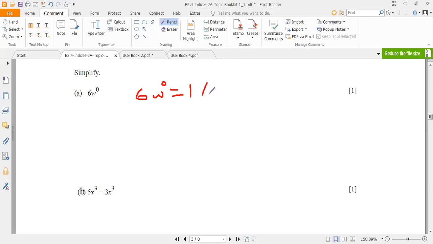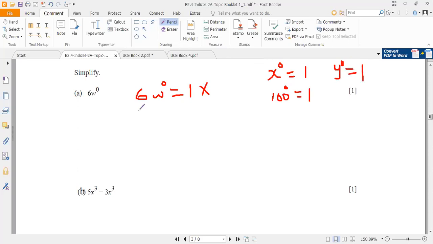Okay, nice try. But any number to the power of 0 means that number is equivalent to 1. For example, x to the power of 0 is the same as 1. Even if it is 100 to the power of 0, this is the same as 1.